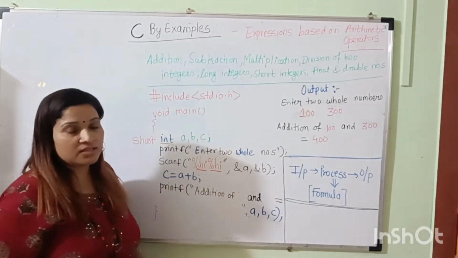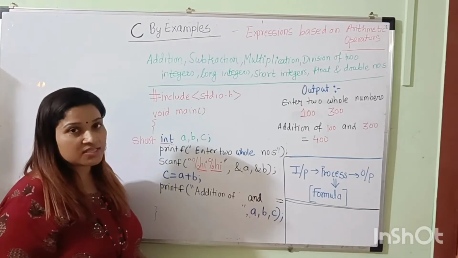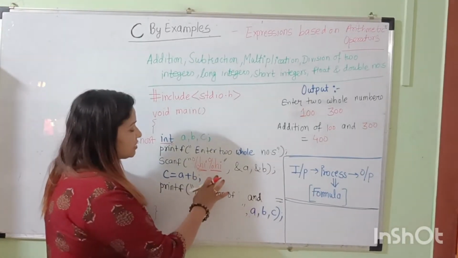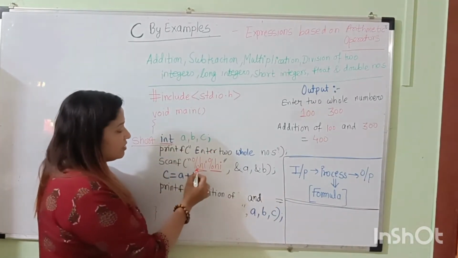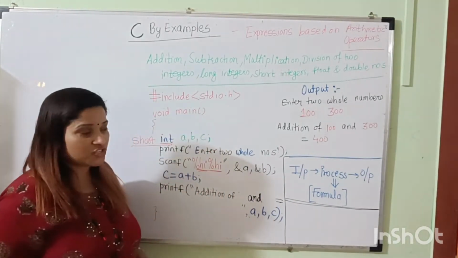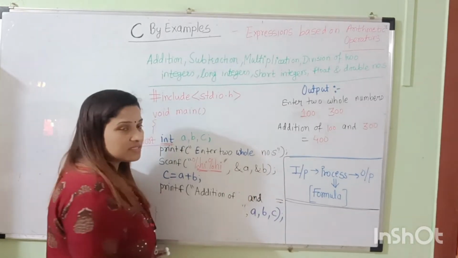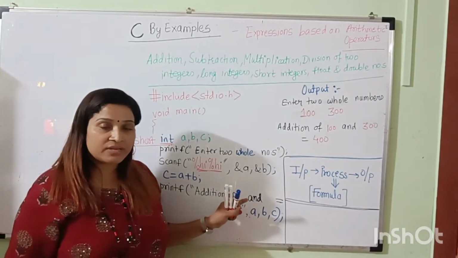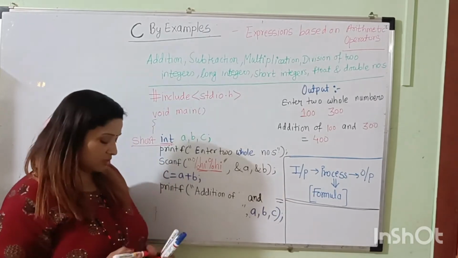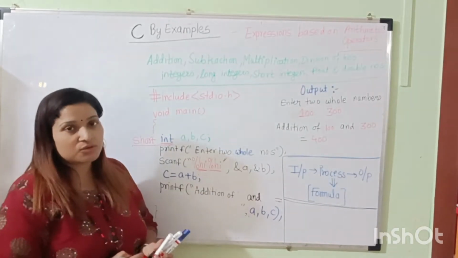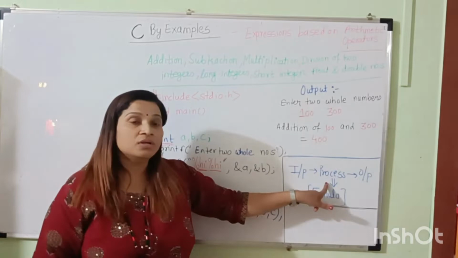In %hi, h stands for short, i stands for integer. So %hi and %hi. Then accept these two numbers in A and B using &A, comma, &B, followed by the right bracket and then a semicolon.